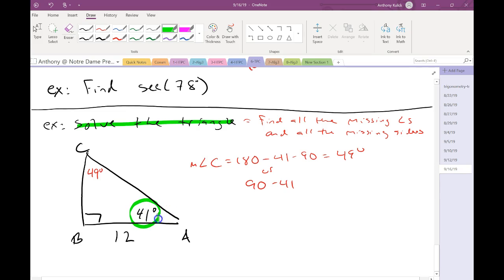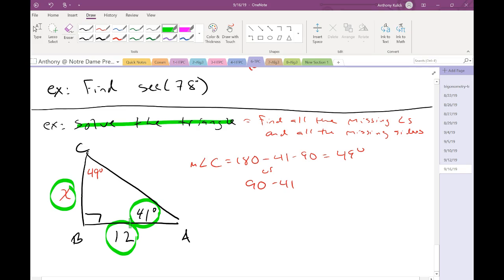I'm going to pick the 41. And now I'm going to pick a side to solve for. Doesn't matter which side I pick first. I'm going to pick side CB, and label that side x. And then I'm going to use the side that I know about.